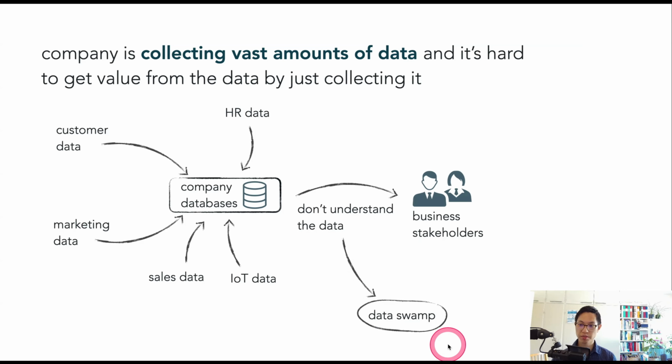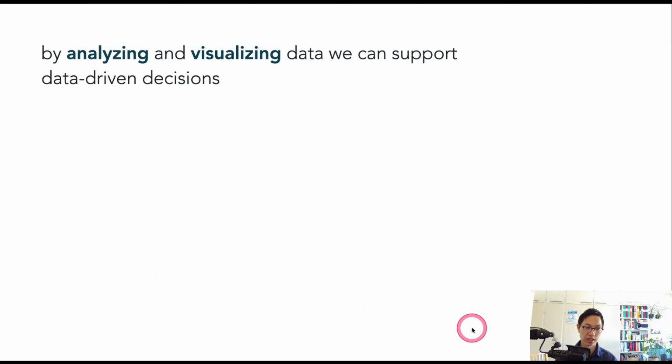This will lead to something called data swamp. So all the data is just sinking, and it's hard to make a grasp of what the data means. And the more data you collect, the harder it will be to understand the data if you don't analyze and clean it. So by analyzing and visualizing data, we can support data-driven decisions.